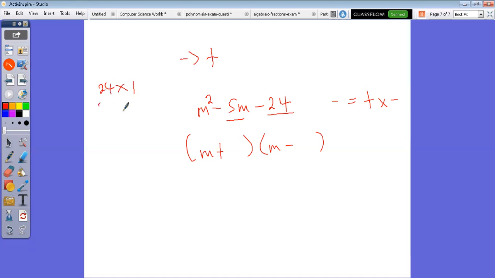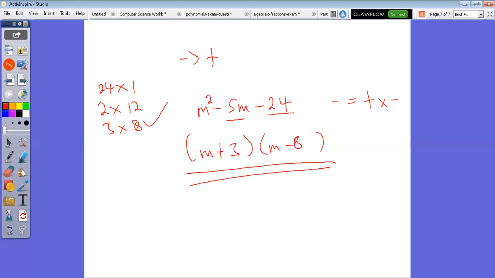Think of 2 times, but you can do that in your head. 2 times that, they have a difference of 10, not a difference of 5. Think of 3 times what? 8. They've got a difference of what? 5. But we said the negative number is greater. You see how that's easy if you apply the logic? Making sense? Yes, sir.